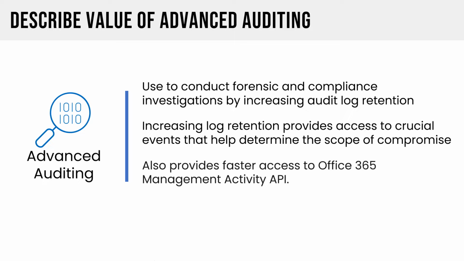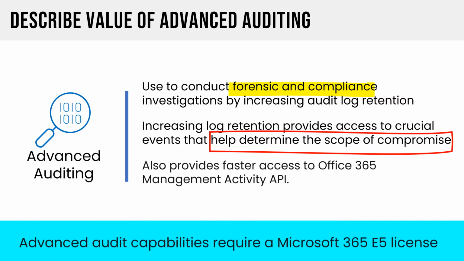And it also provides faster access to the Office 365 Management Activity API. So advanced auditing is forensic and compliance investigation focused, and helps determine the scope of a compromise, and it's probably worth mentioning, the advanced audit capabilities require an E5 license.